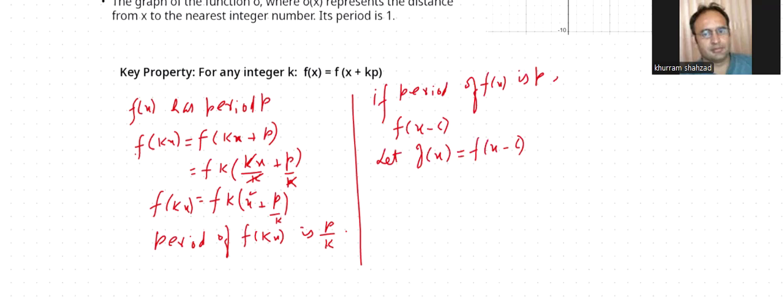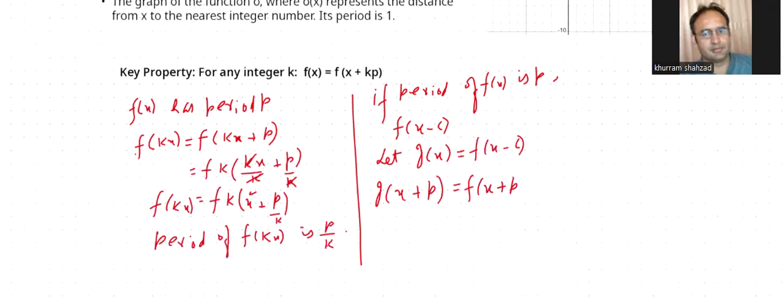Now I want to calculate g of x plus p. What is g of x plus p? This is actually f of x plus p minus c.